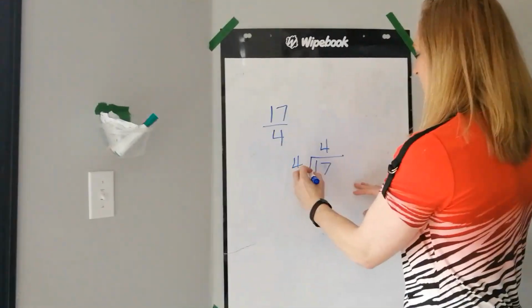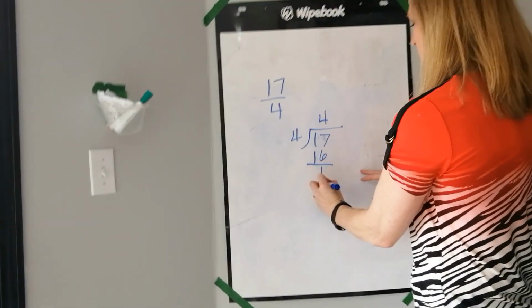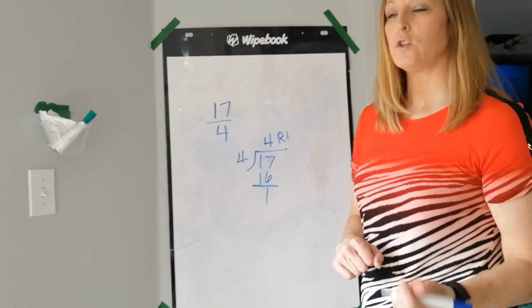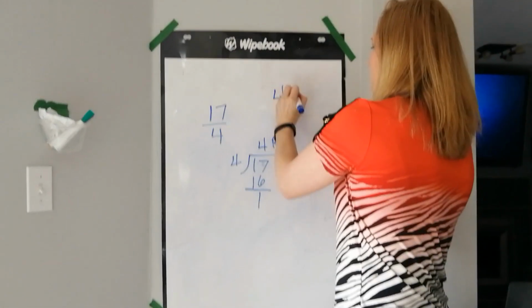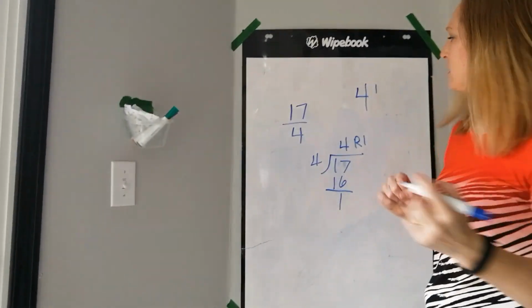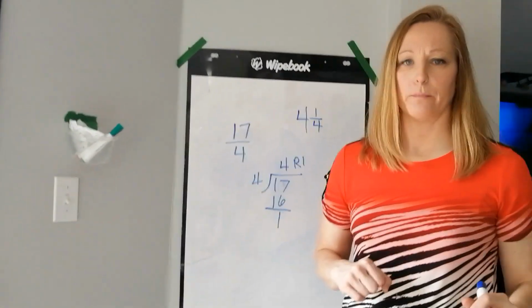So I'm going to say that it goes in 4 times. Do some long division here. And I've got a remainder of 1, which means that I have 4 holes, I have 1 piece left over, and I know that each piece is 1/4, so I've got 4 1/4.